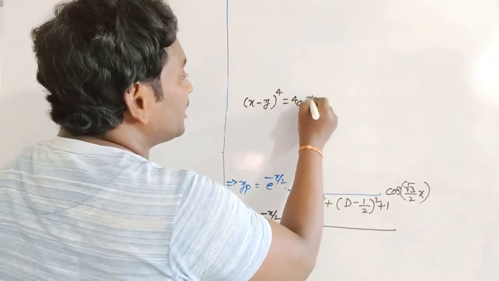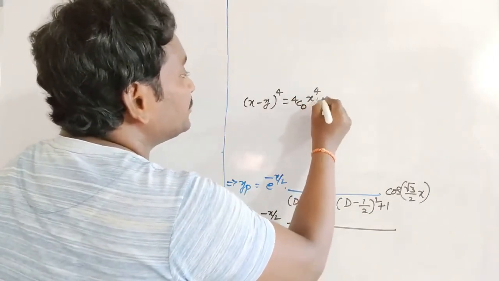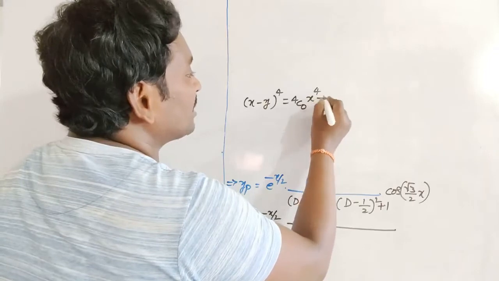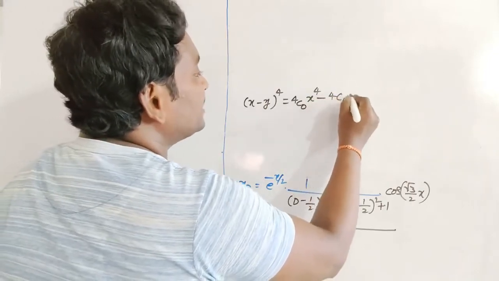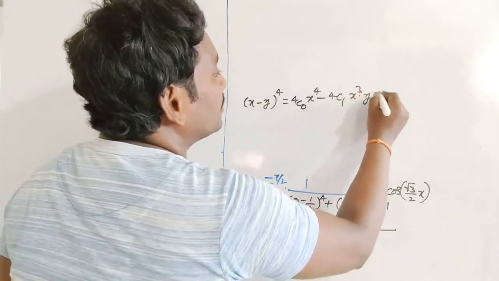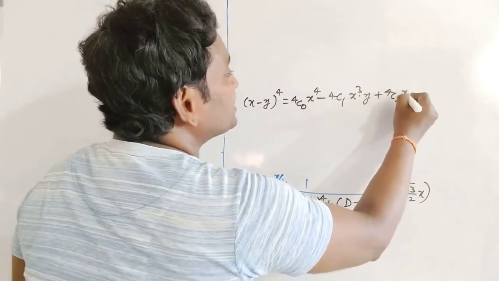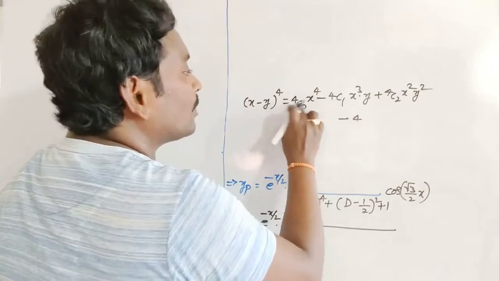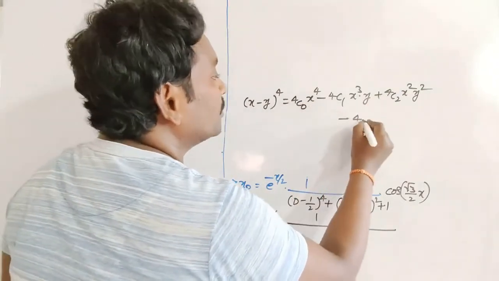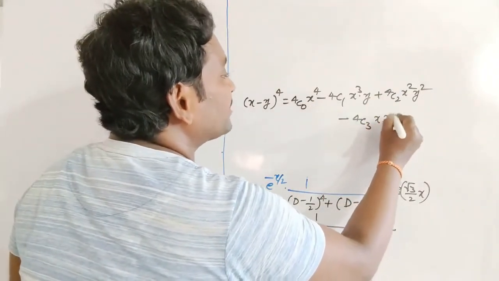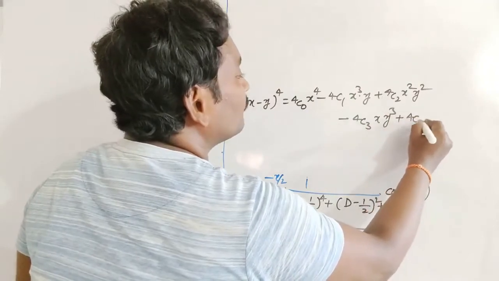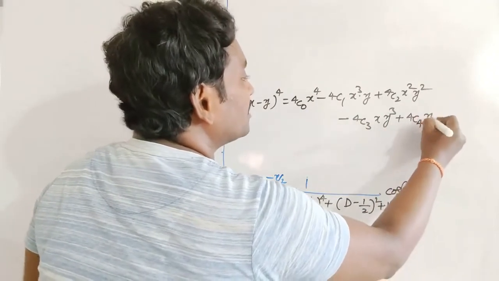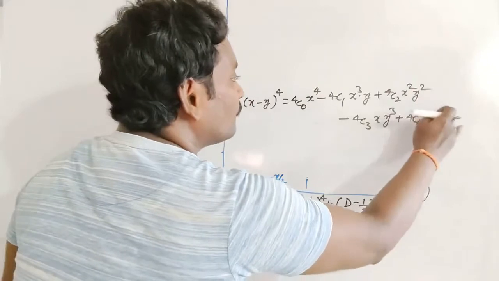4c0 into x power 4 into y power 0, so it would be 1, minus 4c1 into x cube into y, plus 4c2 into x square y square, minus, alternately positive positive negative, 4c3 into x y cube, and finally 4c4 into x power 0, it would be 1, and you have to write y power 4.